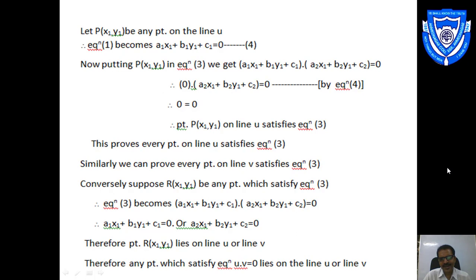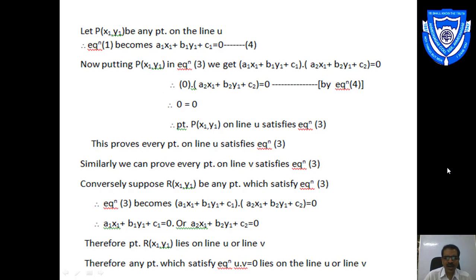We know that whenever the product of any two mathematical factors is 0, at least one of them, or both of them, may be 0. So here we can say that either a1x1 plus b1y1 plus c1 is equal to 0 or a2x1 plus b2y1 plus c2 is equal to 0.